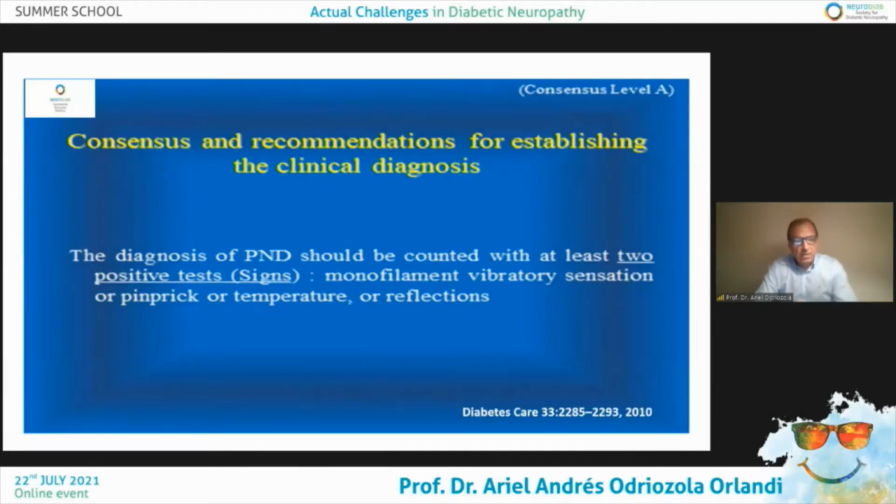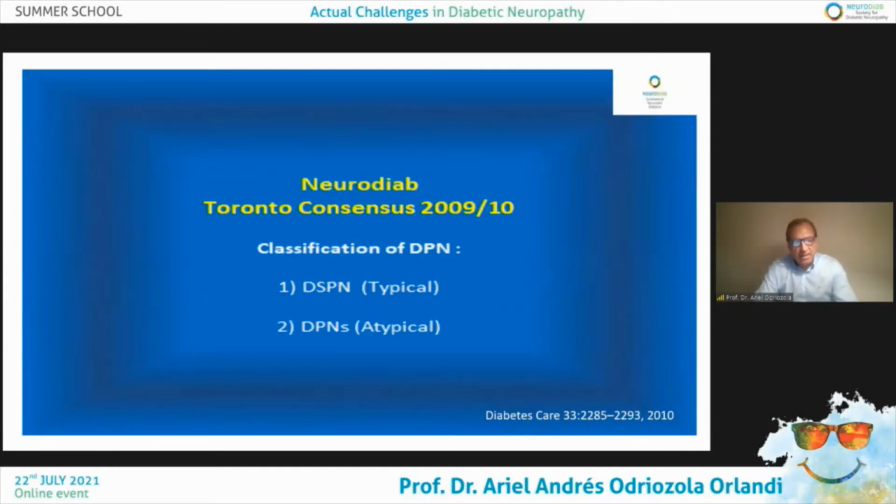What about the consensus for establishing the clinical diagnosis of polyneuropathy? There should be at least 2 positive tests to do it. The evidence is that the generalized variety can be further classified into at least 2 major subgroups.